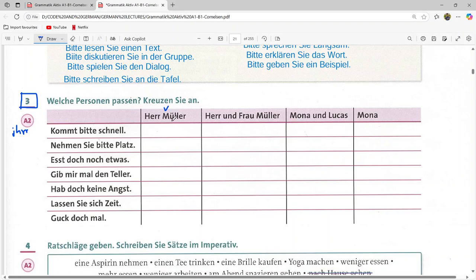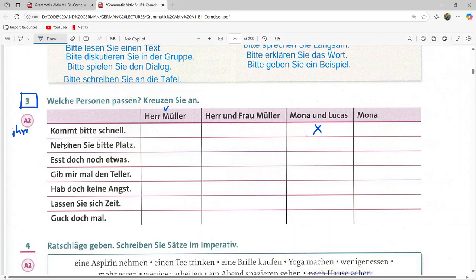No, because this is a single person. Here can you plural be used? Yes, but what's the problem? The problem is that it is a respected person, like your grandpa or grandma. So you cannot use ihr here. So where you can use it is with Mona and Lucas. Here you can use ihr, informal.